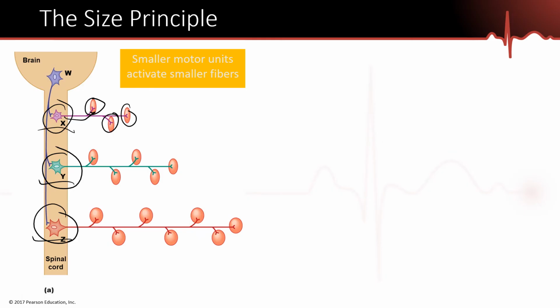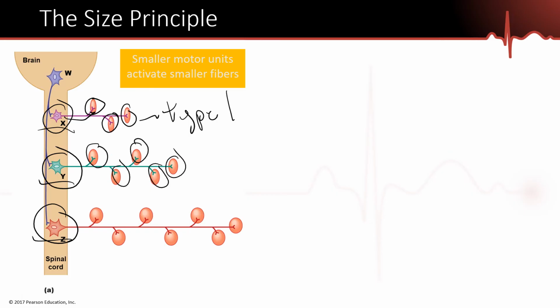And these muscle fibers tend to be what are called type 1 or slow twitch fibers. You don't need to know much about that, but for those of you that maybe know a little bit about fiber types, I'll just mention it. We'll get to some of it at the end of the lecture. What do you notice about the larger alpha motor neuron Y? When it gets to the biceps muscle, it synapses with larger muscle fibers.